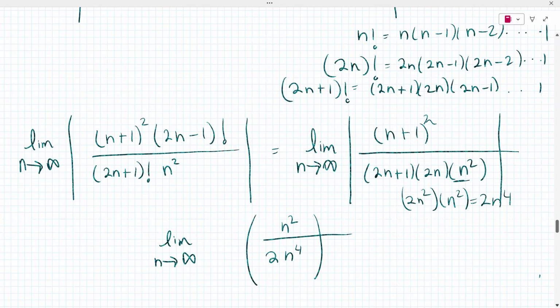Remember the horizontal asymptote rules: if the degree on the bottom is bigger than the top, the horizontal asymptote is going to be 0. So when the limit equals 0, it absolutely converges.